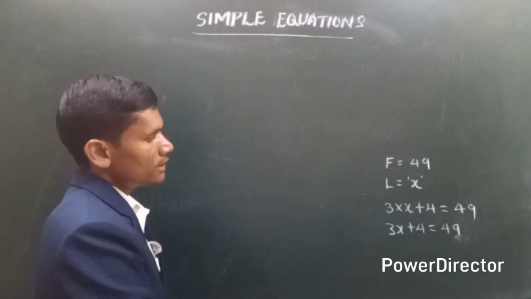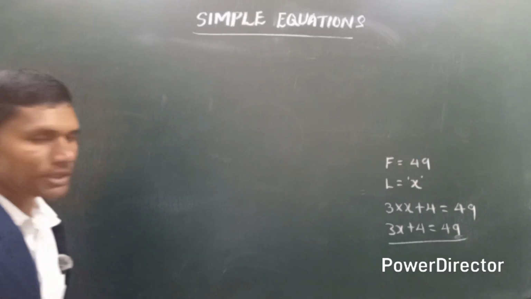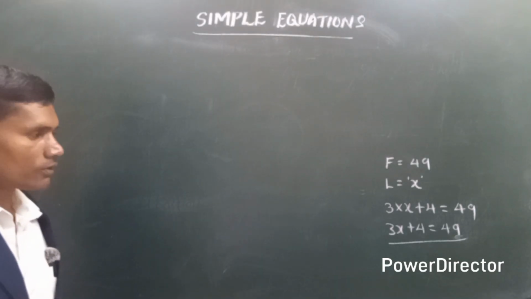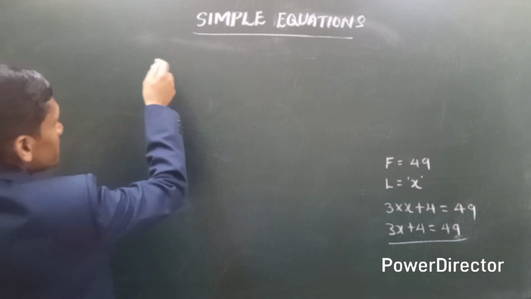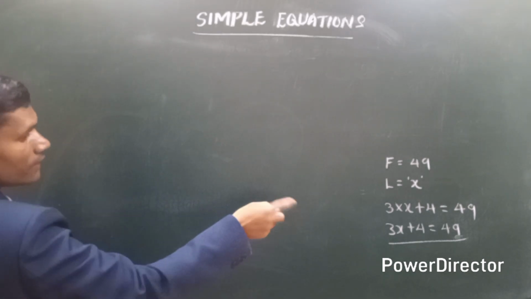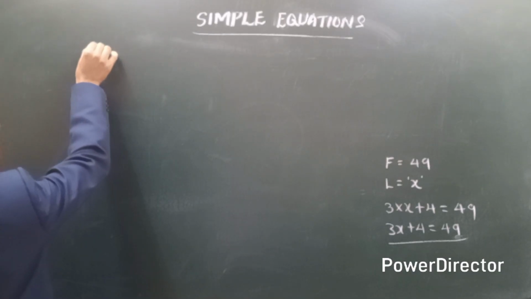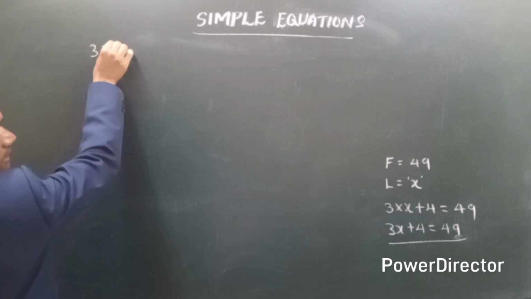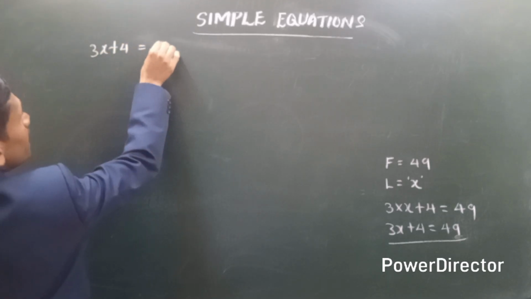Now let us take the age problem. We will solve it. We need to find Lakshmi's age. There are two methods. One is adding and subtracting the same number on the left hand side and right hand side. We will follow that first. That is 3x plus 4 is equal to 49.